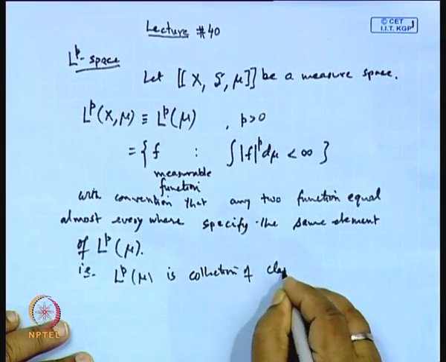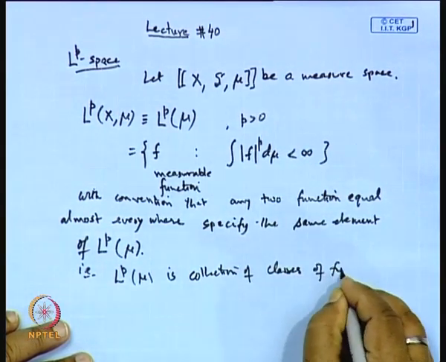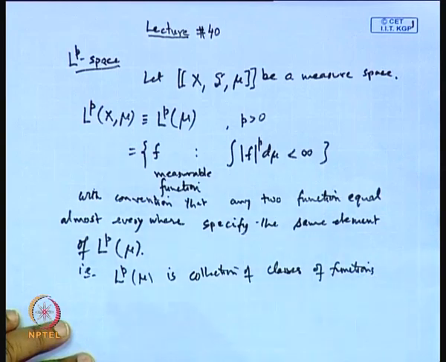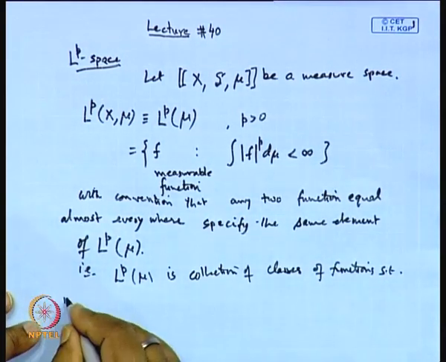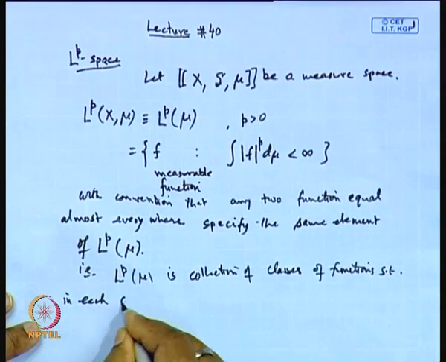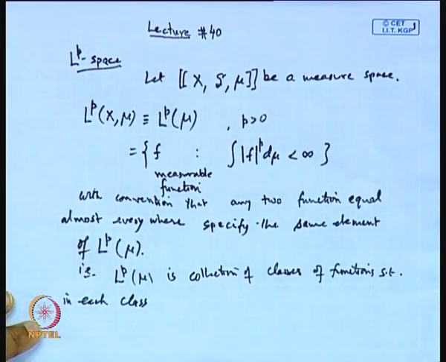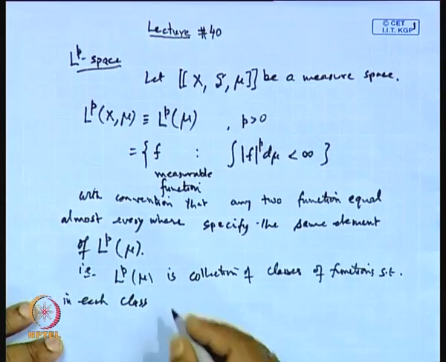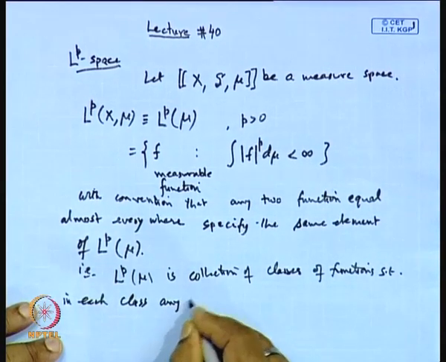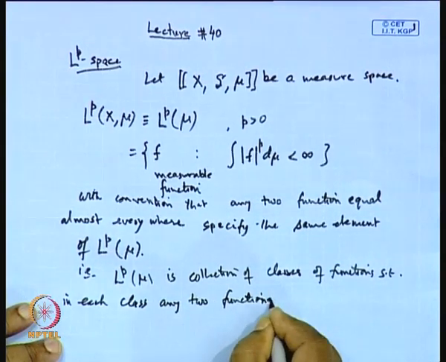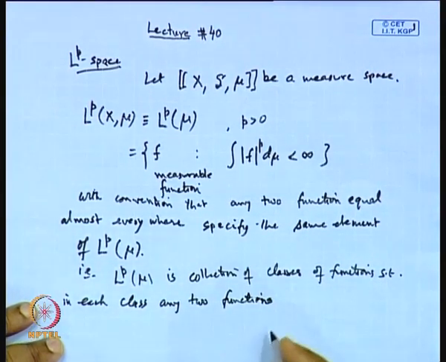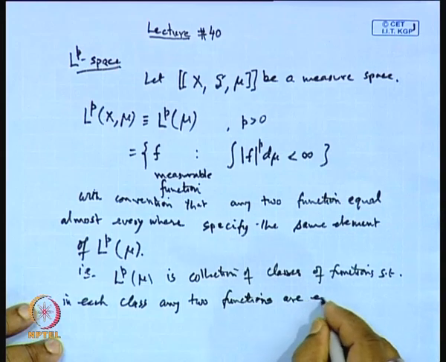The elements of this LP space are the classes of functions such that in each class any two functions are equal almost everywhere.